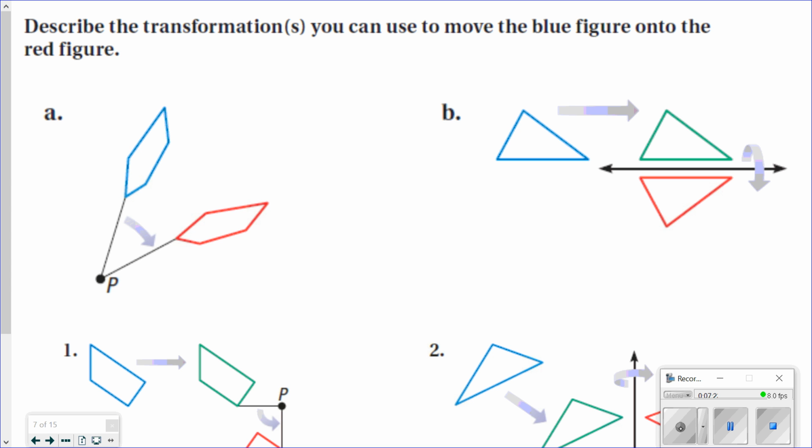If we look at A here, we notice that the blue figure is moving, and we see an angle here. So this would be a rotation, a turn. And it's a rotation around point P.